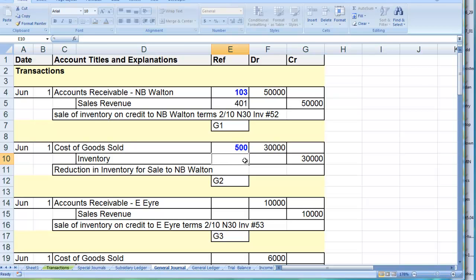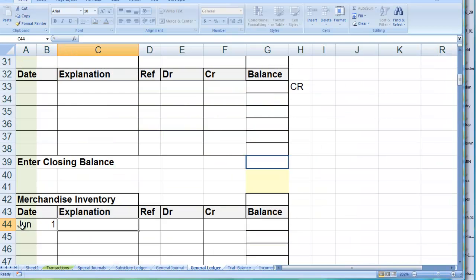Now I need to post the inventory. Now this again is likely to have an opening balance, whereas your temporary accounts may not have an opening balance. If there's been no other transactions in the period, they won't have an opening balance. Explanation, sale NB Walton, this was 30,000, balance is 30,000.